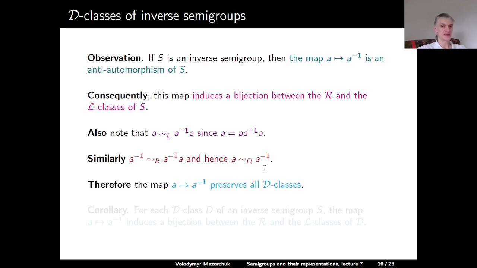And so the map which sends A to A inverse preserves all D classes.